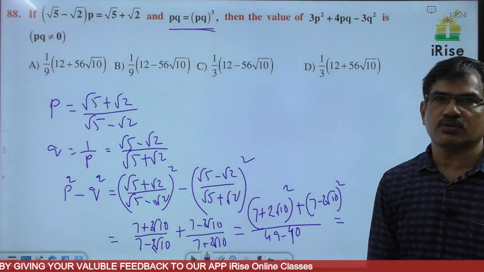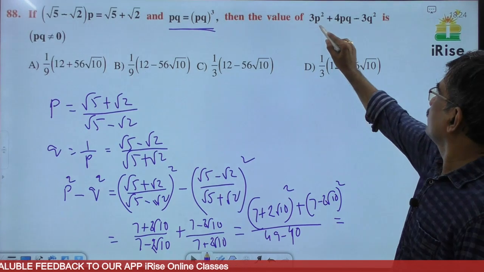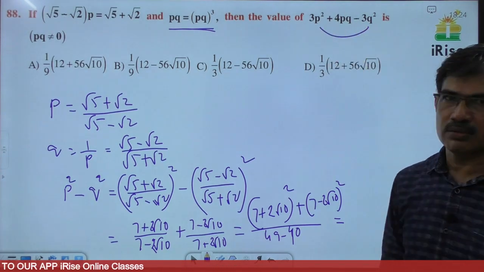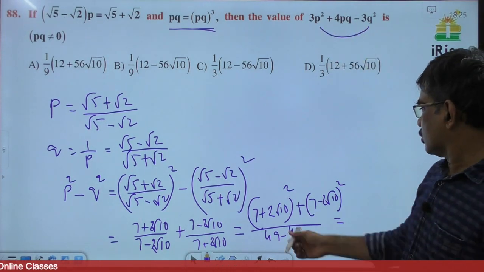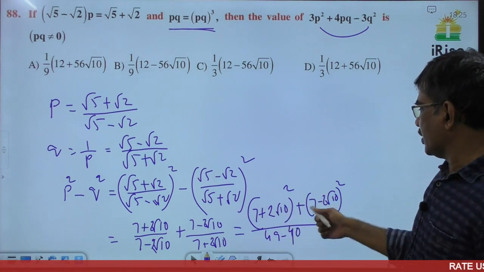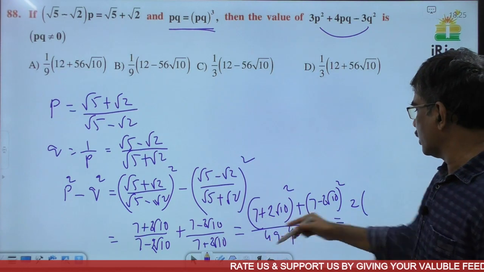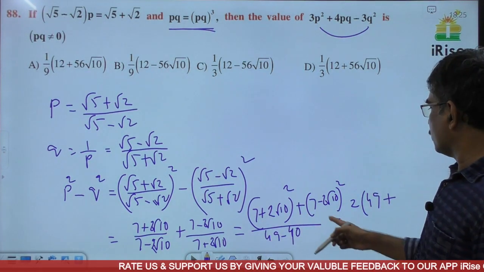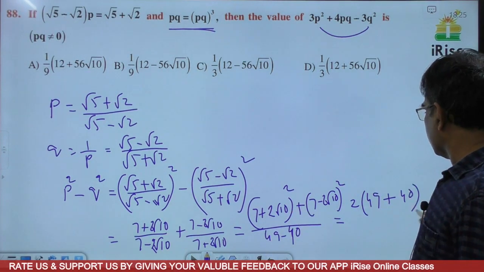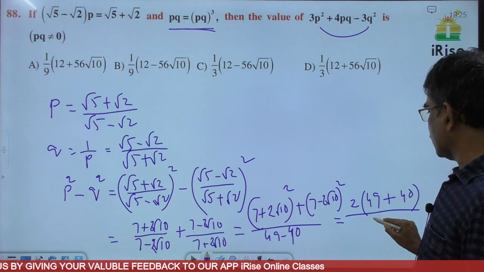So this is just the p square minus q square value. Here, if you know this, pq is already 1. So what we get here? This is in the form of (a plus b) whole square plus (a minus b) whole square, which is equal to 2 times a square, 49, plus b square, 4 into 10, that is 40, over 49 minus 40, which is equal to 9.